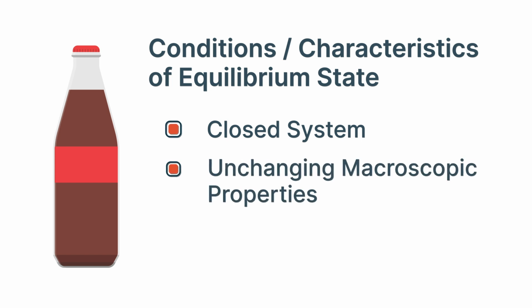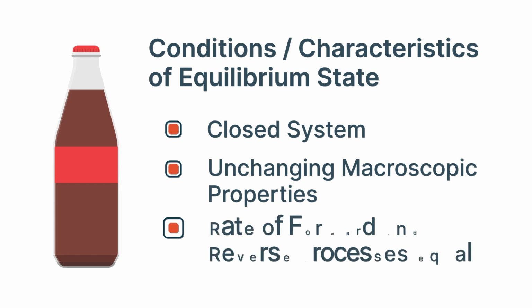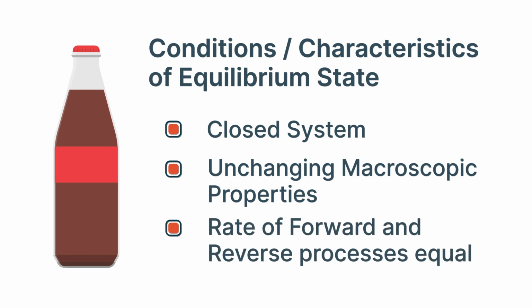When there is a dynamic equilibrium established, the macroscopic properties are not changing. Things like the concentration of the reactants and products, colors, pressure, anything that you can think to measure is fixed and constant. This in turn is because the rate of the forward and the reverse processes are equal.